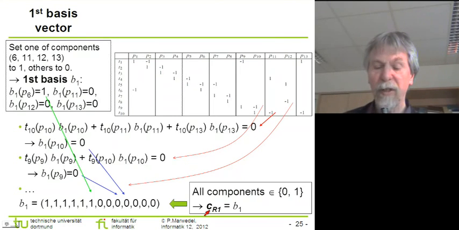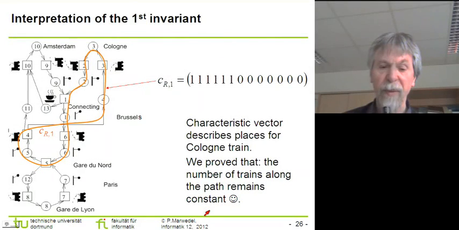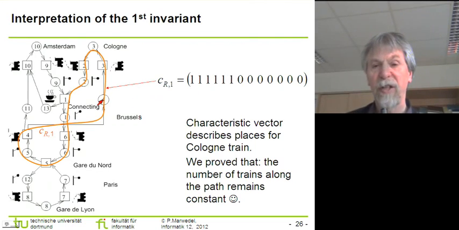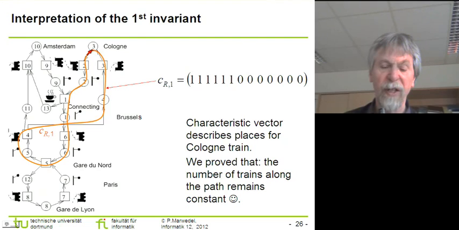Now let's look at our example and see what this really means. If we look at which places are indicated by this characteristic vector, we see that these are exactly the places along this loop in our Petri net model. And these are the places that we are touching for the trains that go from Cologne to the Gare du Nord.